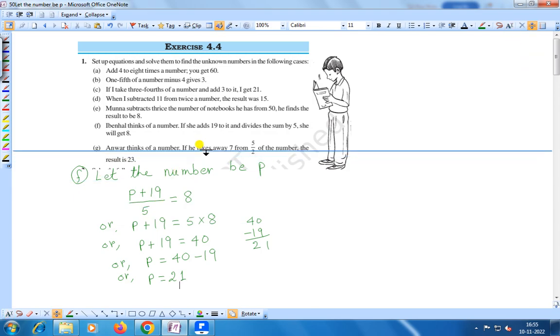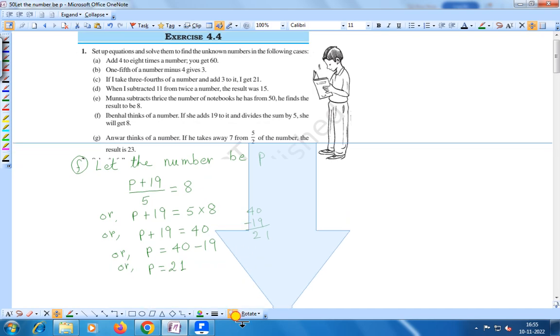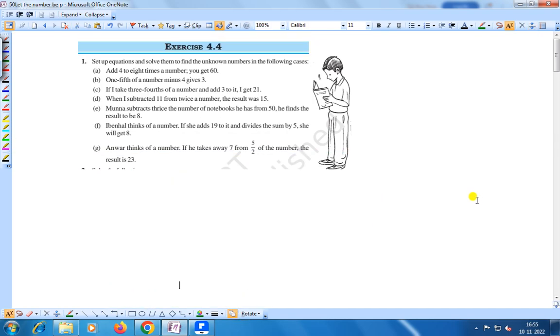Question number G is Anwar thinks of a number. If he takes away 7 from 5 by 2 of the number, the result is 23.